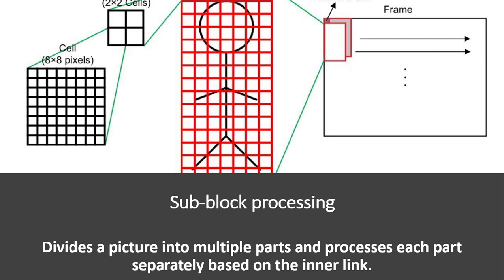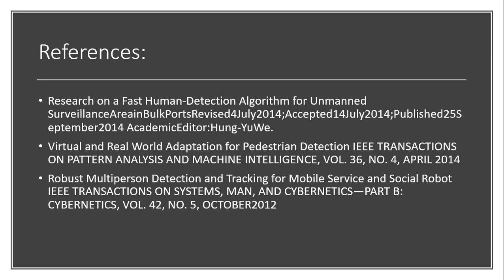For example, if we use the 8 by 8 pixel method to detect this human, maybe it will work with this human, and maybe with another pedestrian or another application, we are supposed to change the way, for example, using different cells or a different way of sub-block processing. That's it, and thank you.